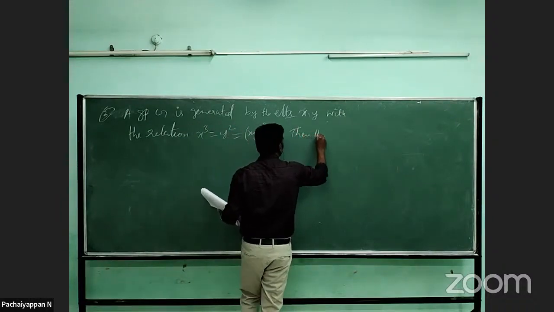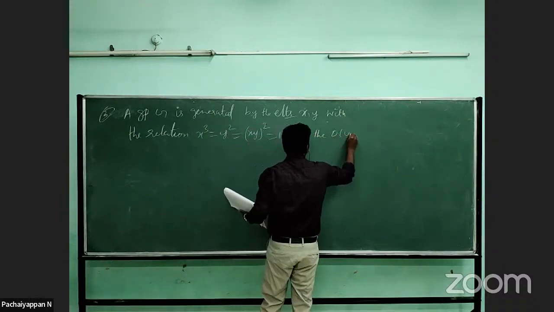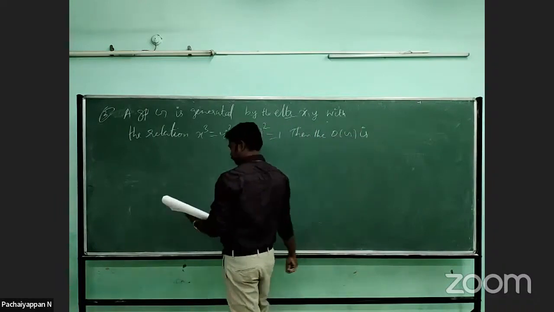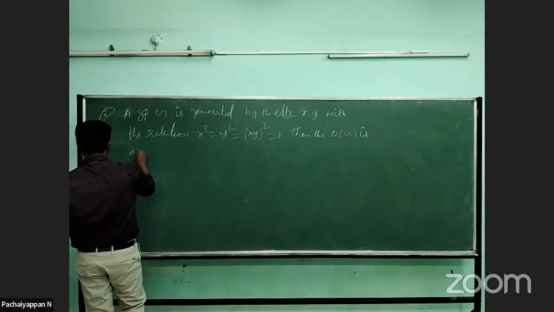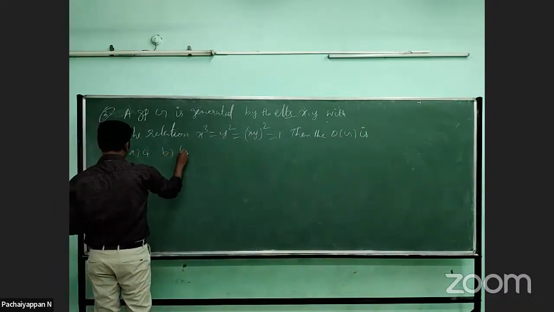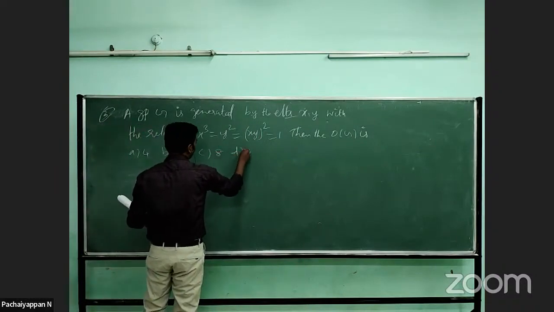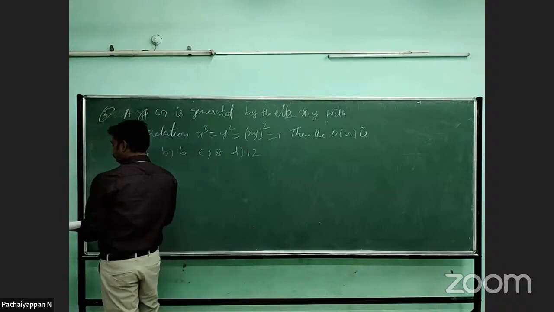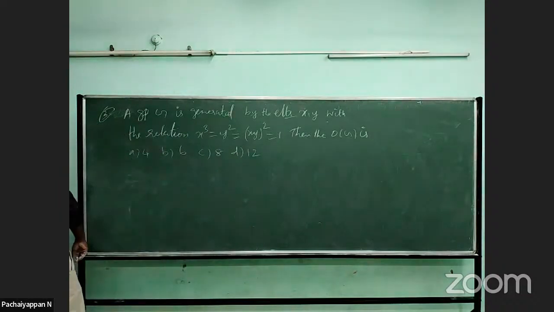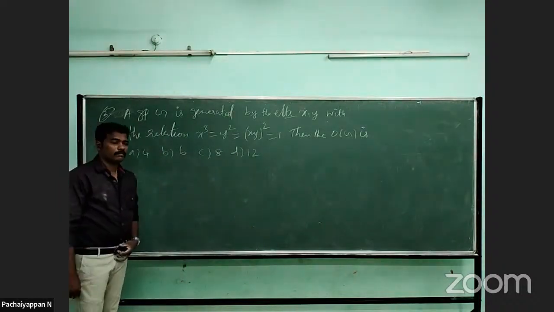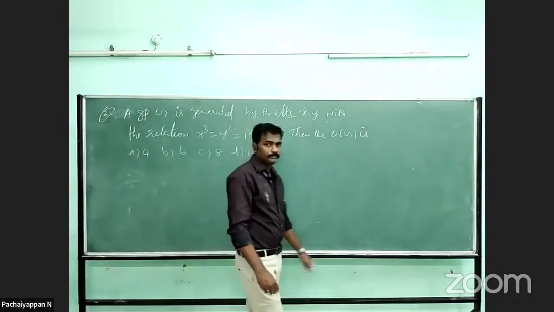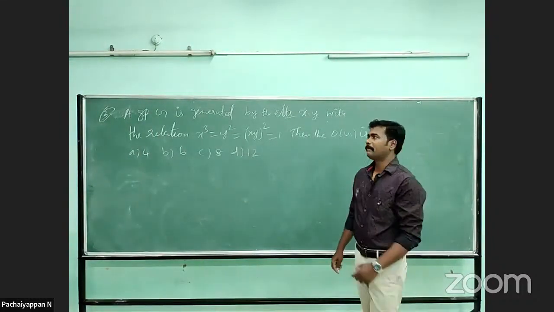Then the order of G is: A, 4; B, 6; C, 8; D, 12. What is the meaning? Please. It's an easy problem only.